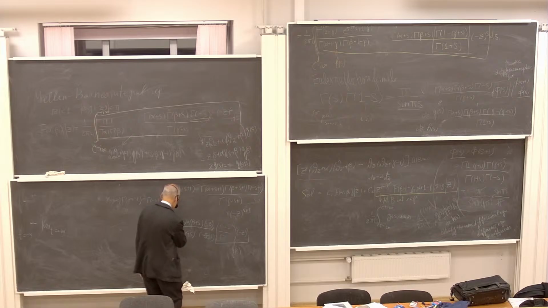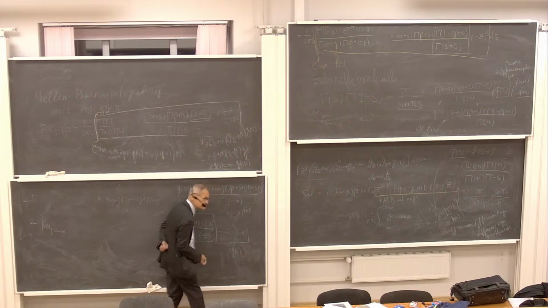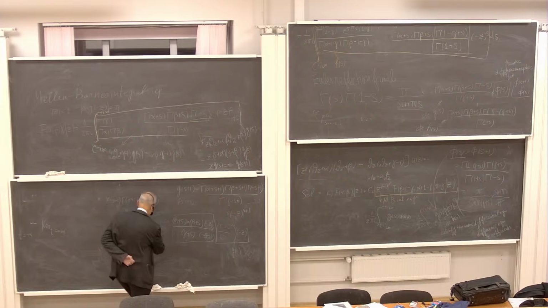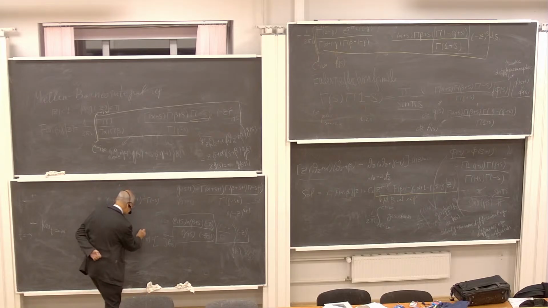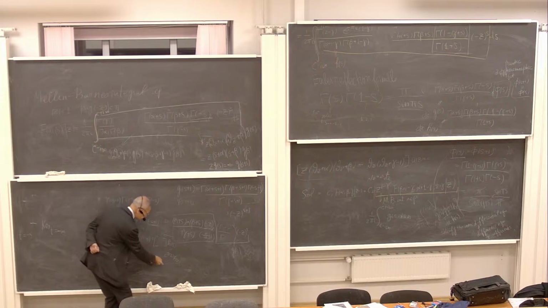So if this recurrence relation is satisfied, and of course if you multiply by V(s plus 1) of V(s), so H(s plus 1) equals the same factor times H(s), that is G(s plus 1) times V(s plus 1), because phi is a periodic function.